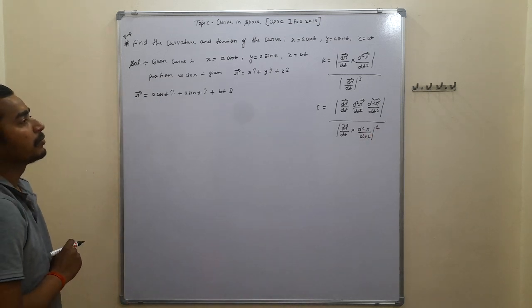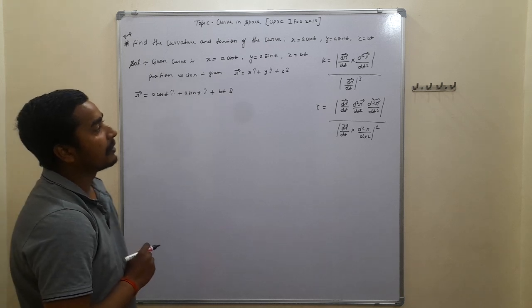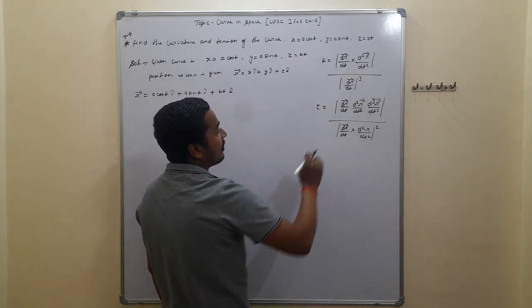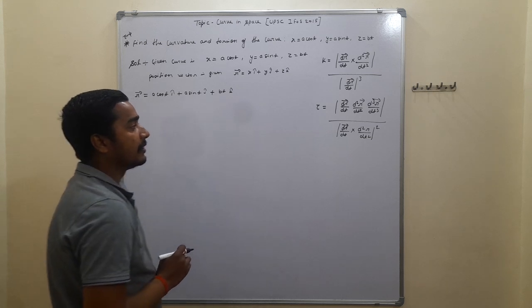From here we have to calculate dr/dt, d2r/dt square, and also find d3r/dt cube.